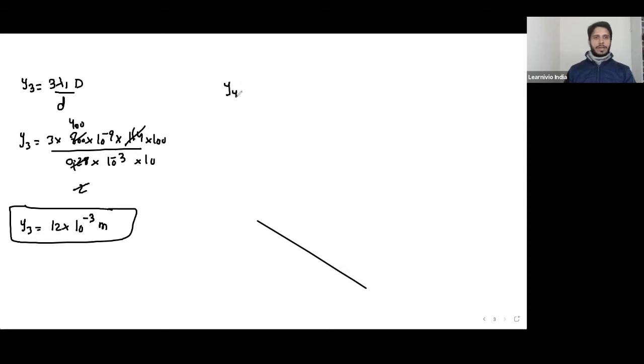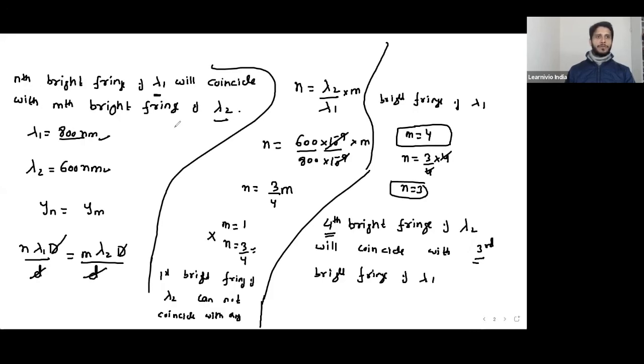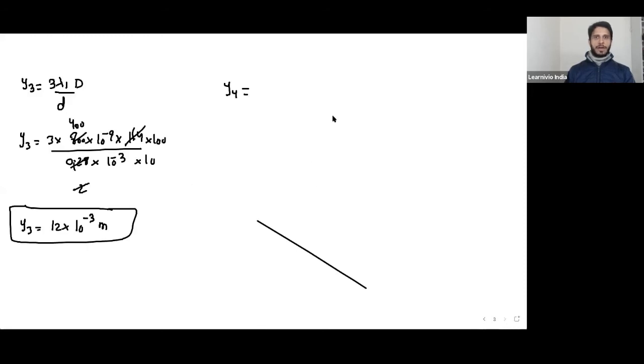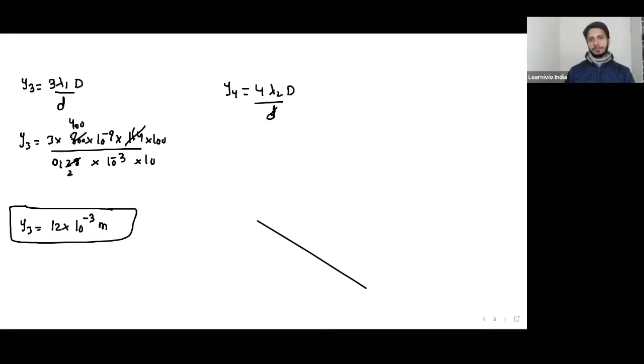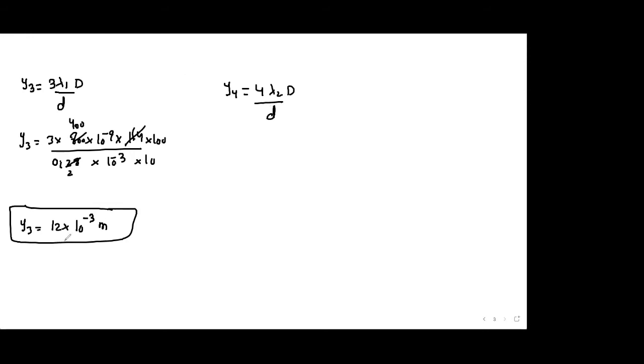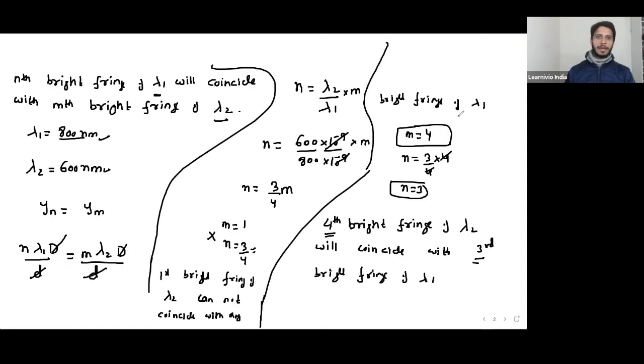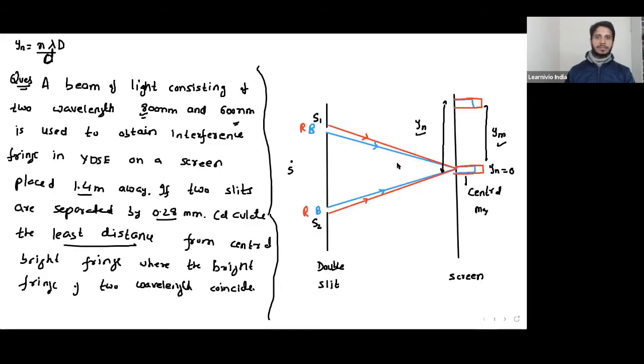Can you guess the value of y4? If you're taking wavelength lambda 2, then which fringe is coinciding? The mth fringe. And what's the value of m? It's 4. How much is y4? 4 into lambda 2 D by d. But what would be the final result? Just without calculation, can you guess the final result? It should be 12 into 10 raised to minus 3. See, we are doing this calculation when both the fringes are coinciding. We are taking this equation that both the fringes will coincide only if the separations are the same, right?